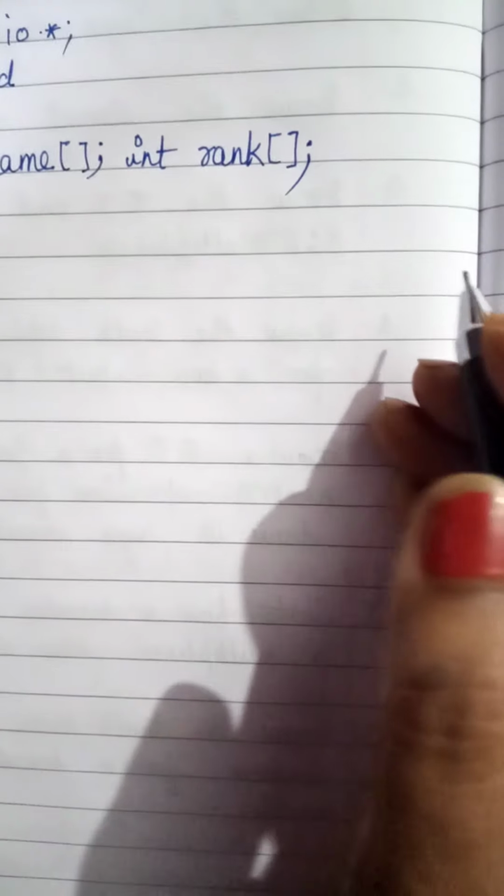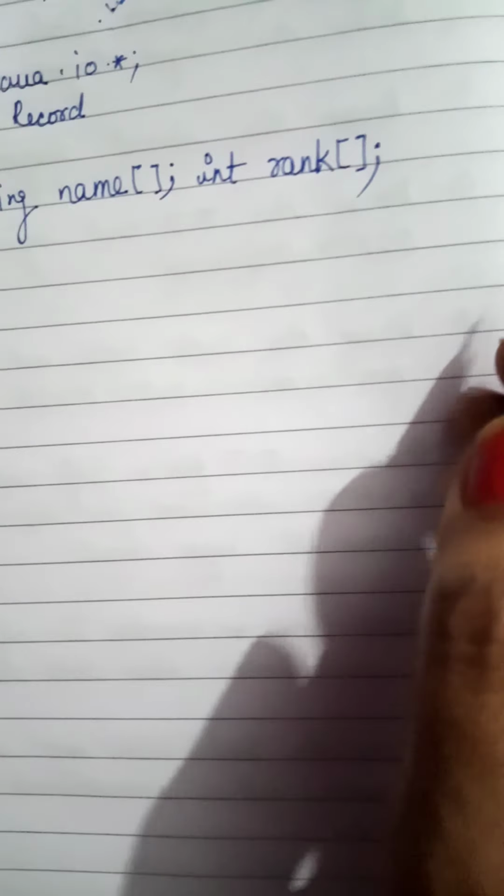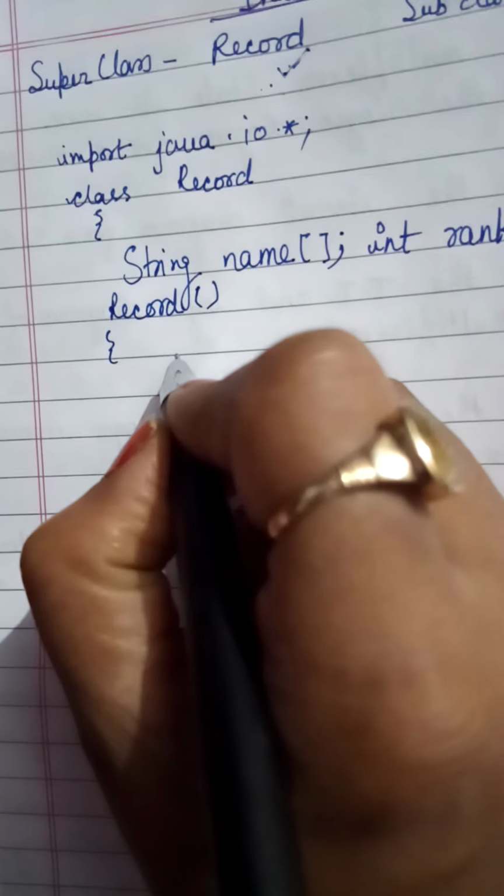Then the record constructor. What we have to do in this is initialize name and rank.